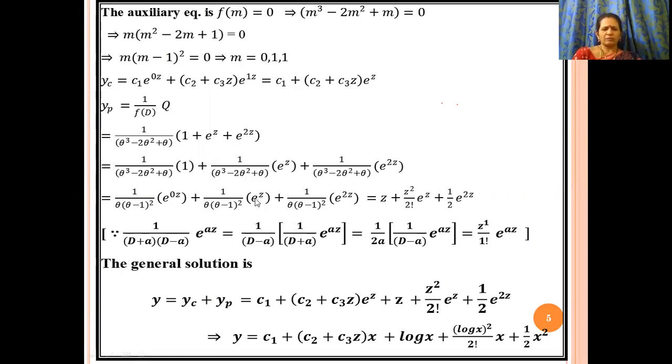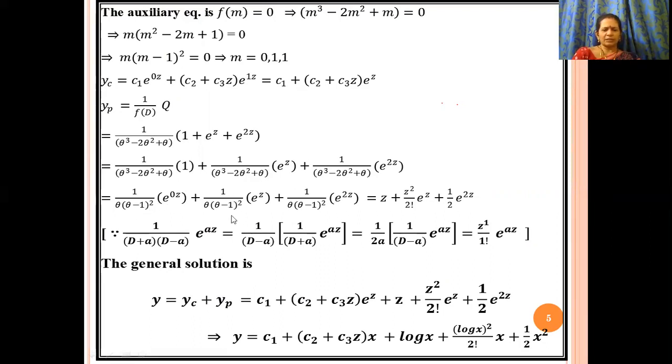In the same way, in the first function a is 0, here a is 1, and here a is 2. If we substitute the a value in the first two, we again get 0. If we substitute the value 2 here, we will not get 0. So directly we can substitute: 1 by 2 into 2 minus 1 whole square, which is 1 square, so the last term remains the same.